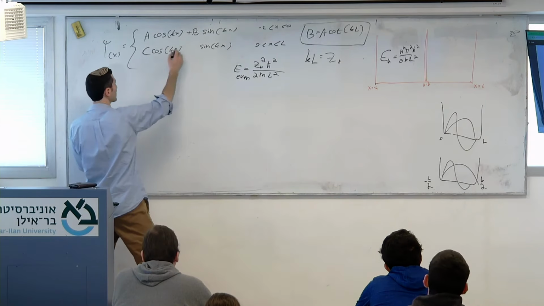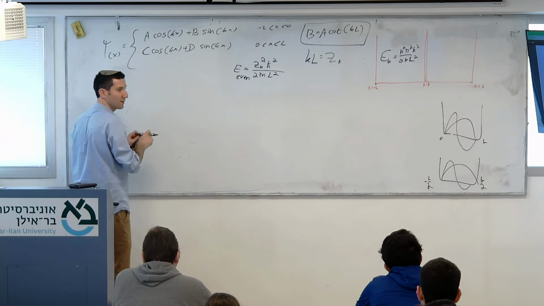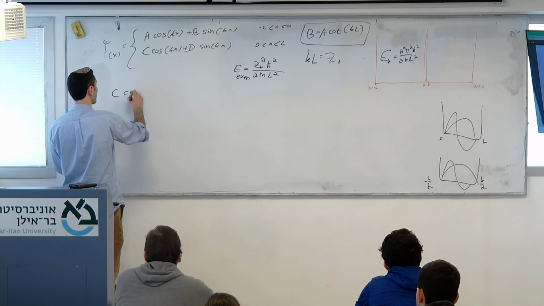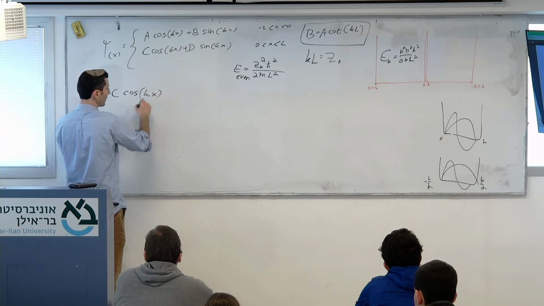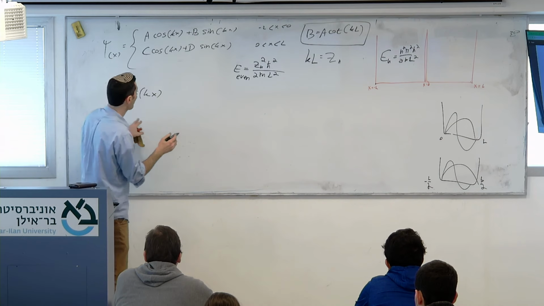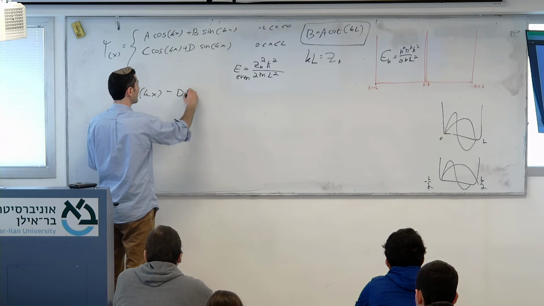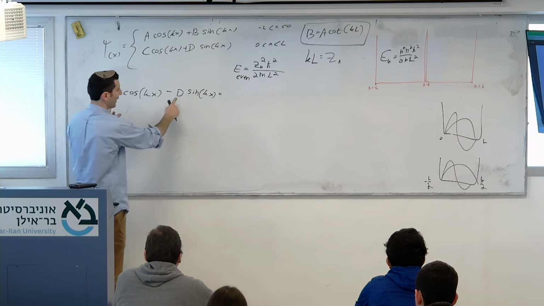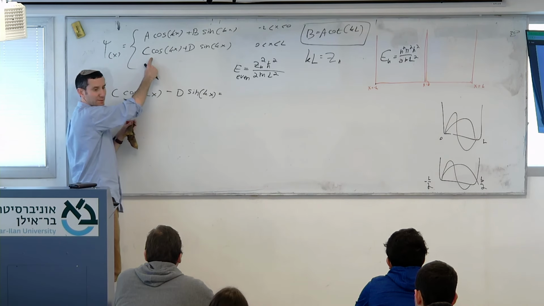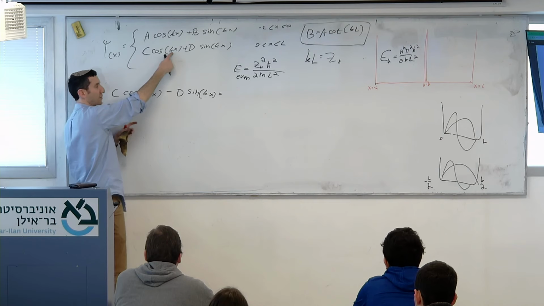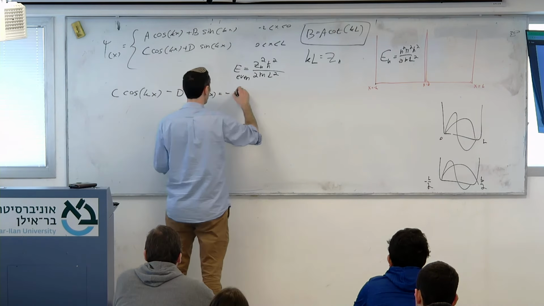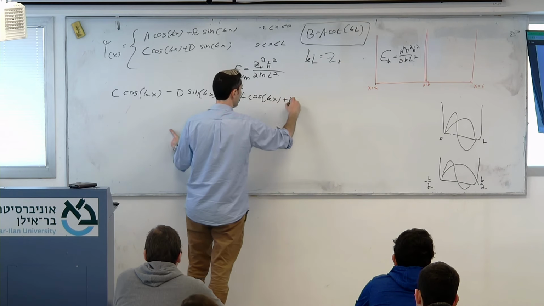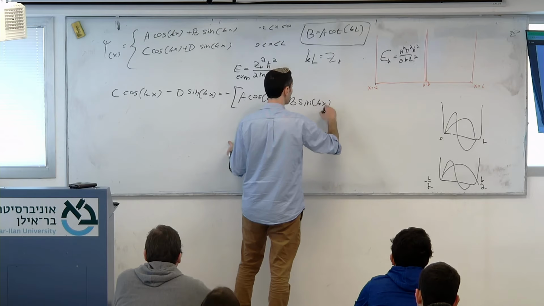When it's odd, I have C plus D. I want to show that if I take this and change to the minus, so C cosine of minus kx, which is what I wrote here, this is the minus kx, you see, minus D sine kx must equal, I took minus of the argument, I expect to find it to be minus of A cosine kx plus B sine kx.